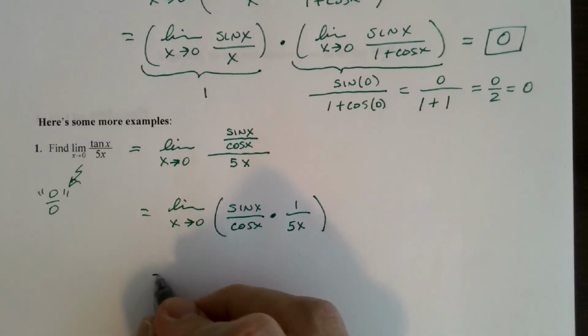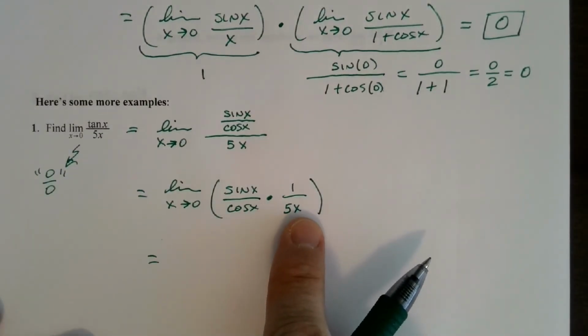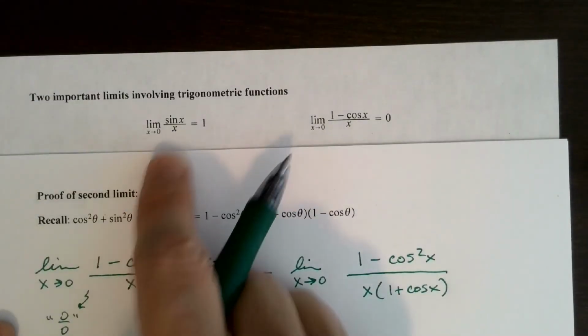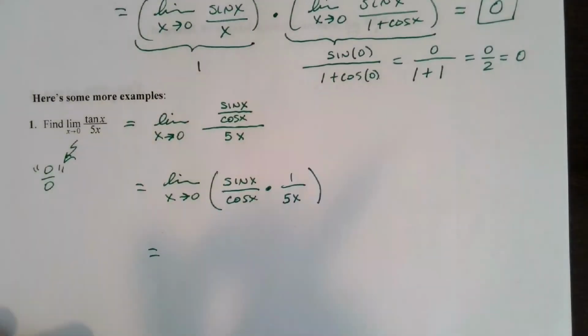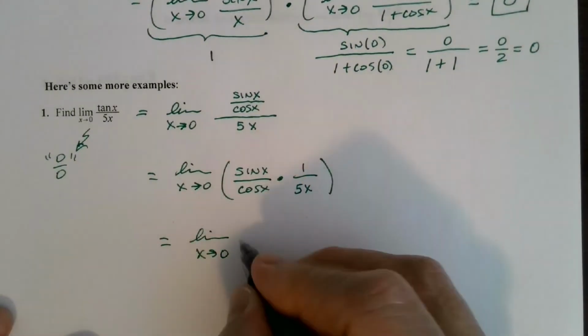And now what I'm going to basically do is rewrite this, because now I see what I want. I see that sine of x over x. And since I'm taking the limit as x approaches 0, I'm going to know what that limit is. And so all I do is a little do-si-do here.